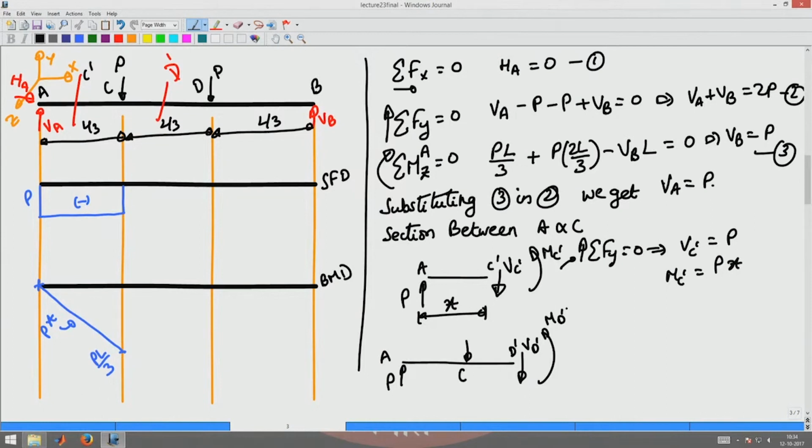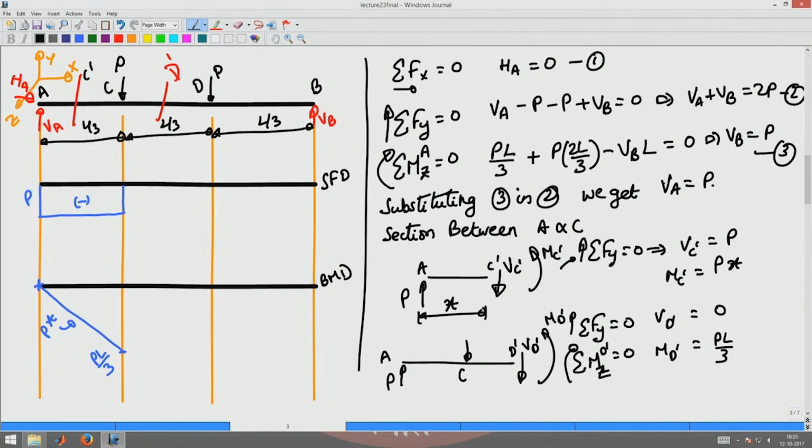Again, vertical force equilibrium, Fy equal to 0, will tell me that V D prime is 0, and moment equilibrium about D prime, taking the sum of Mz as 0, will tell me that M D prime must be equal to P L by 3.